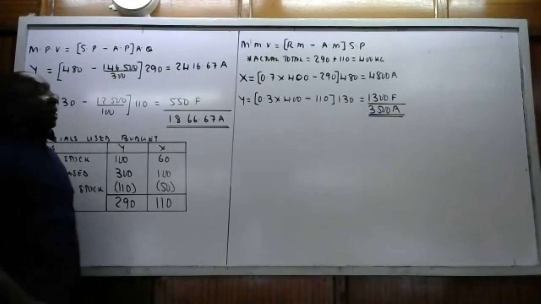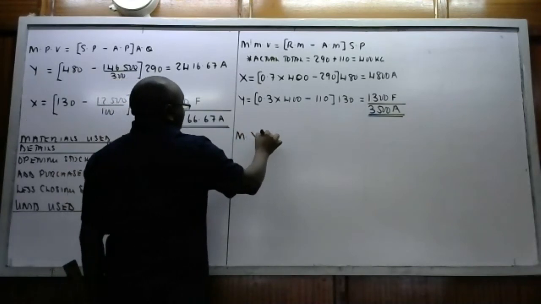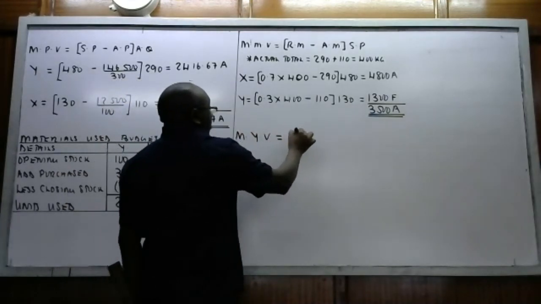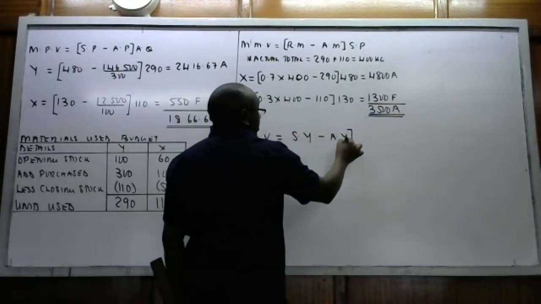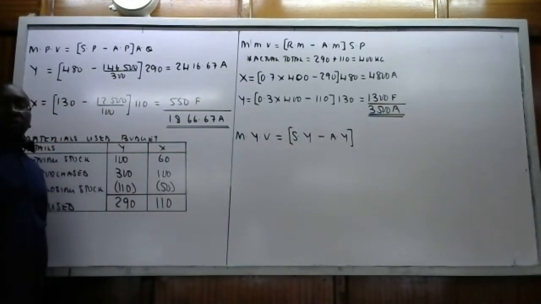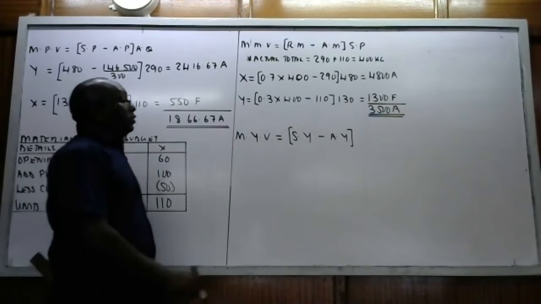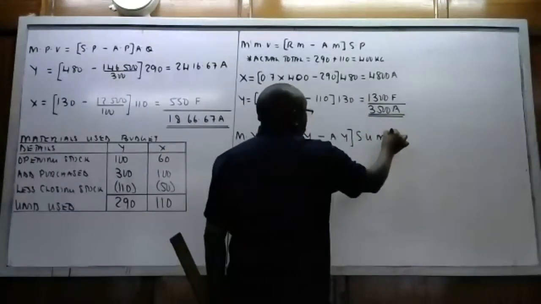And finally, material yield variance. Material yield variance is given as standard yield minus actual yield, and you multiply by the standard unit material costs.